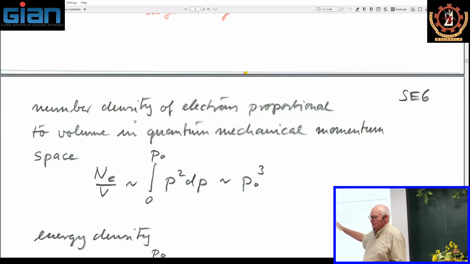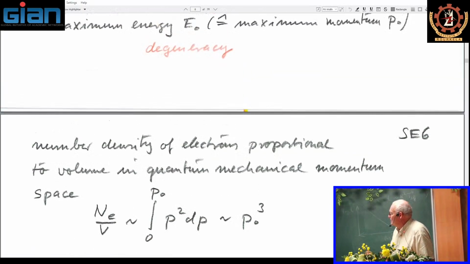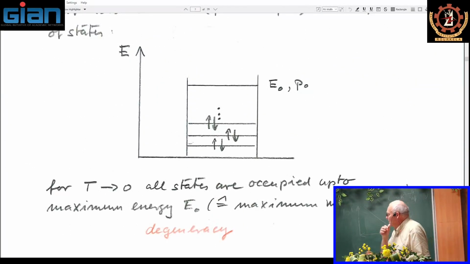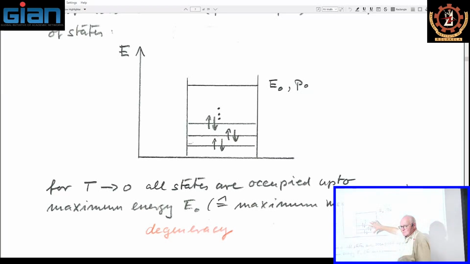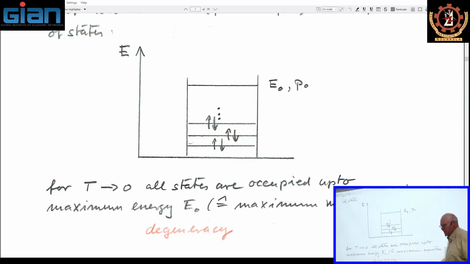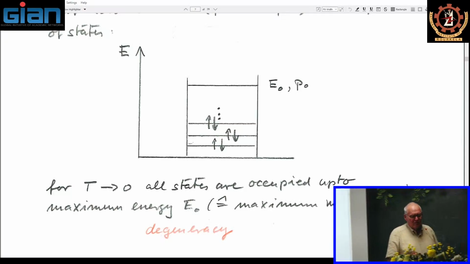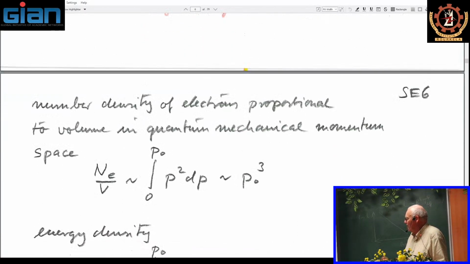This is nothing but the number of states we have in energy to fill. This will be proportional to the phase space in energy or in momentum. So it's simply proportional to the volume of phase space which is accessible to our electrons.